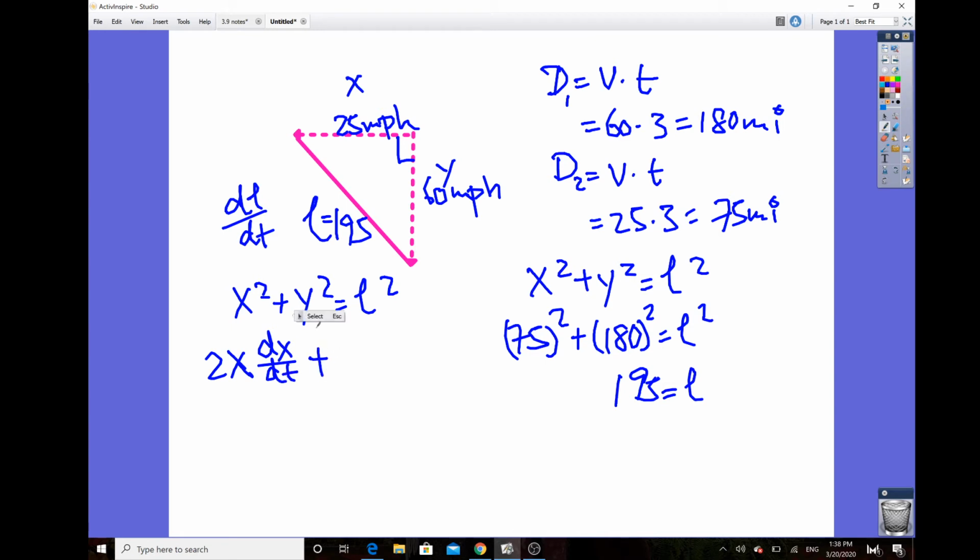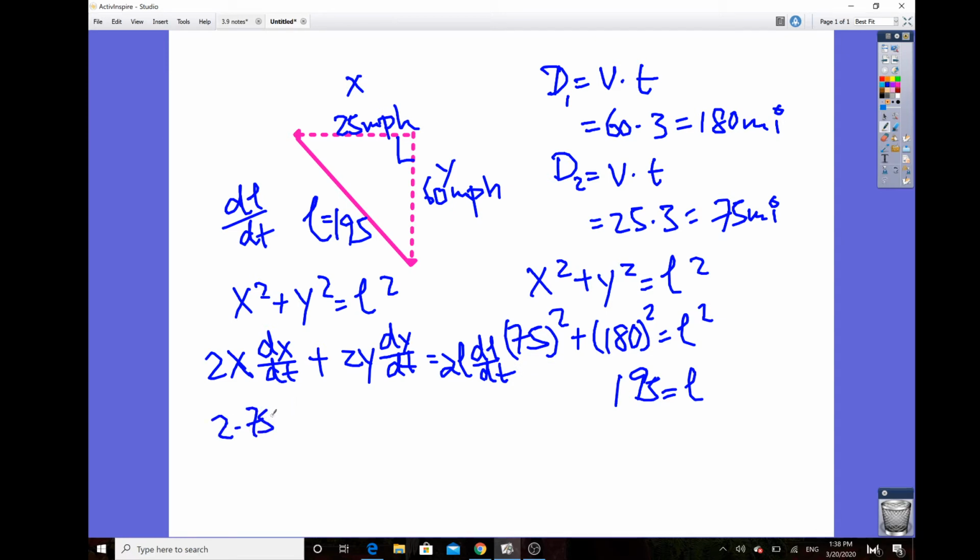And then the derivative of y squared would be 2y times dy over dt. And then the derivative of L squared, 2L times dL over dt. And now we just plug in the numbers, and so we can find dL over dt. So 2x, that would be 2 times 75.